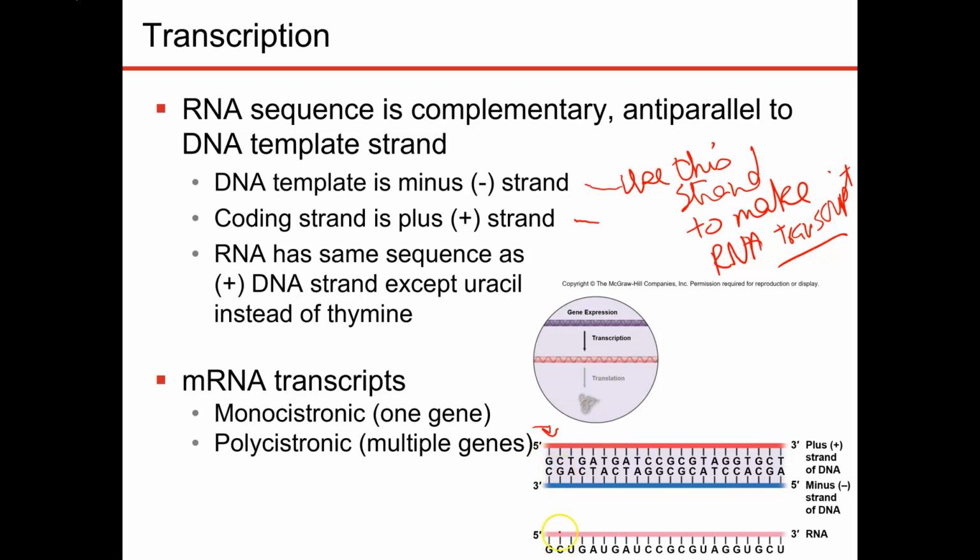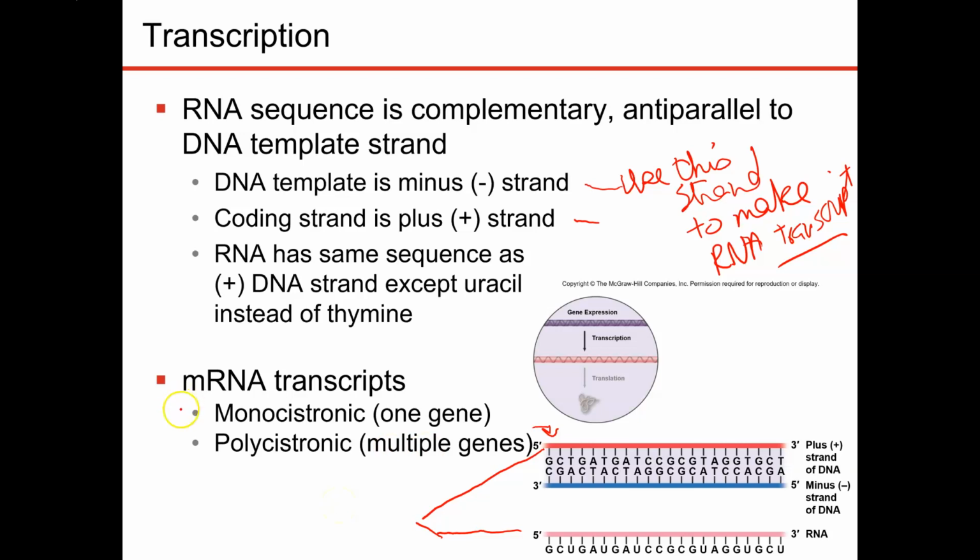C binds to the G, and C is up here. The only difference is wherever we had a T up here, we have a U down here. You can go through this entire strand, and this RNA molecule is identical to that one. Okay, so that is a copy of the DNA. Okay?